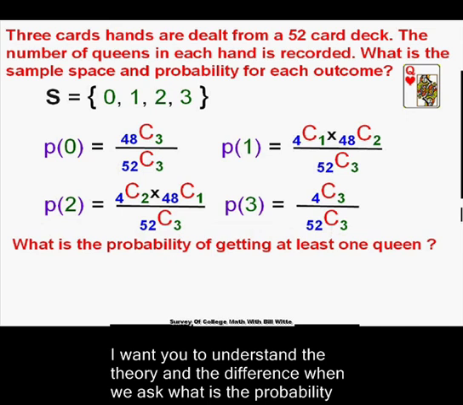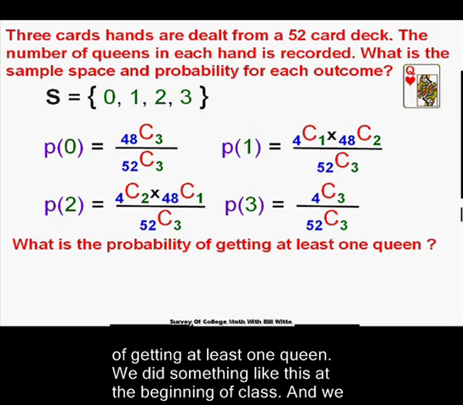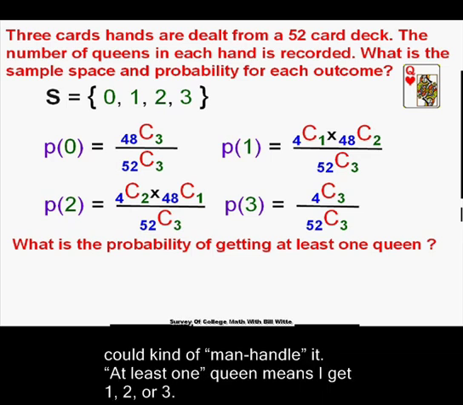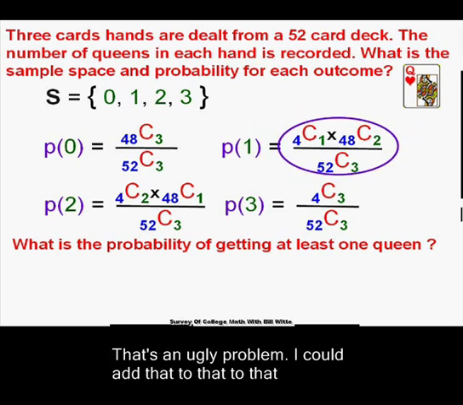I want you to understand the theory and what can help us get the probability of getting at least 1 queen. Now, we did something like this at the beginning of class, and we could kind of manhandle it. At least 1 queen means I get 1, 2, or 3. And that's an ugly, there's a lot of ugly combinations.